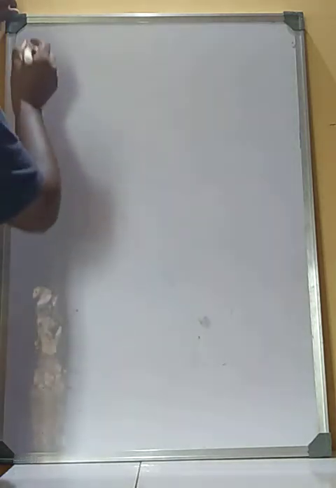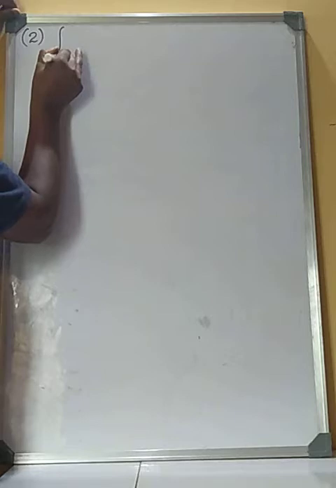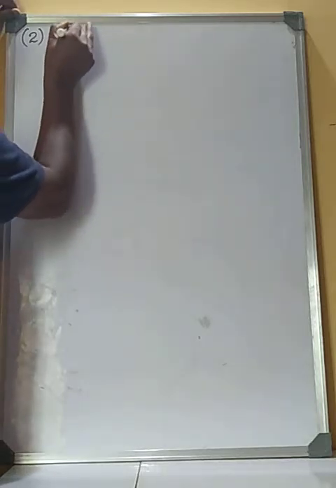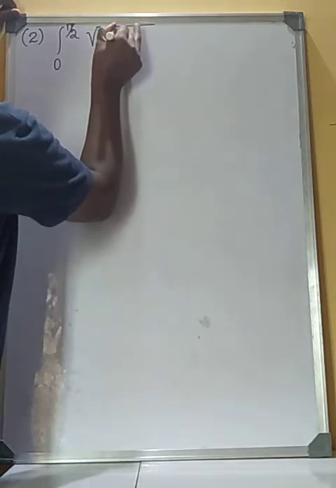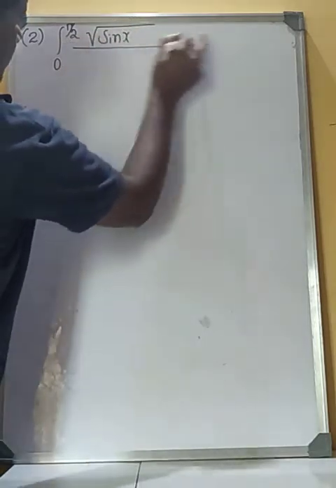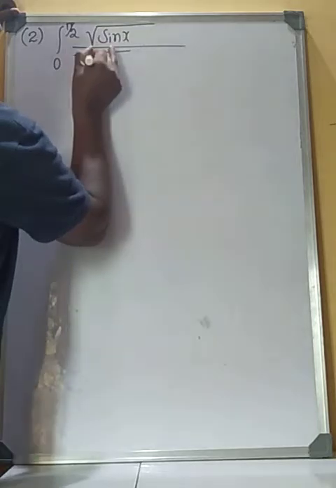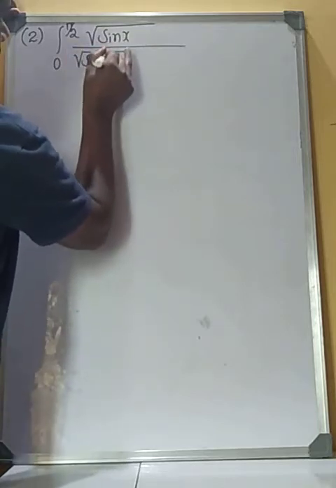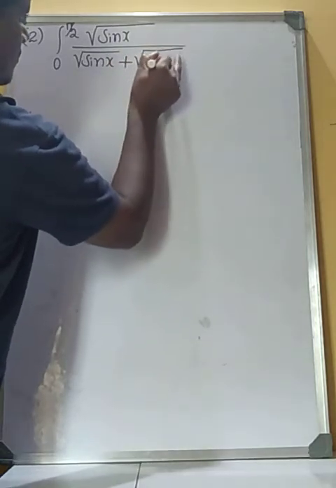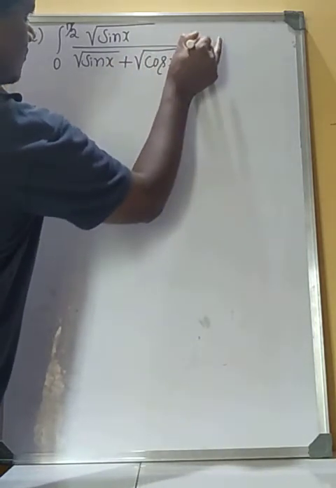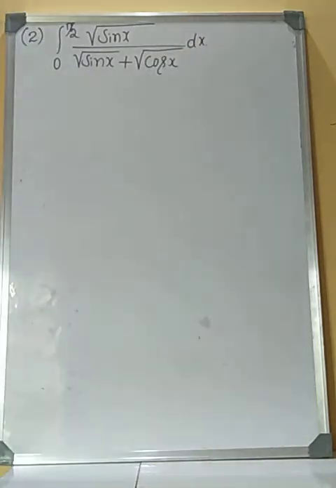Then example 2, evaluate the integral from 0 to pi by 2 of square root of sin x divided by square root of sin x plus square root of cos x into dx.